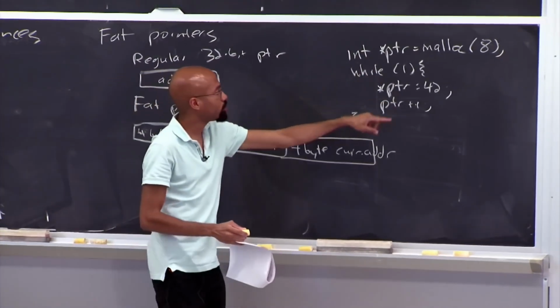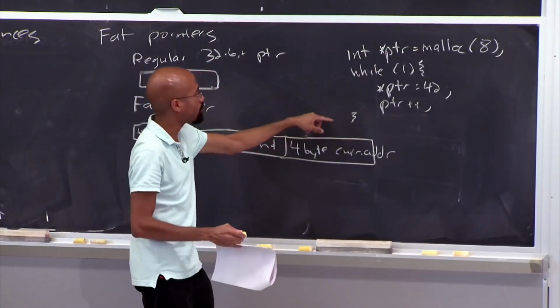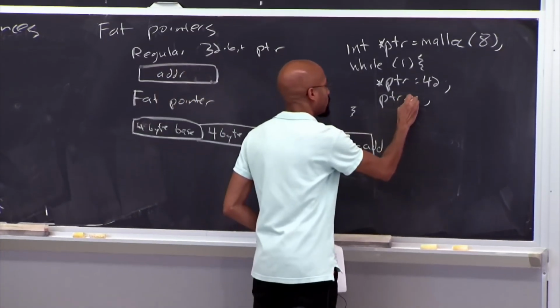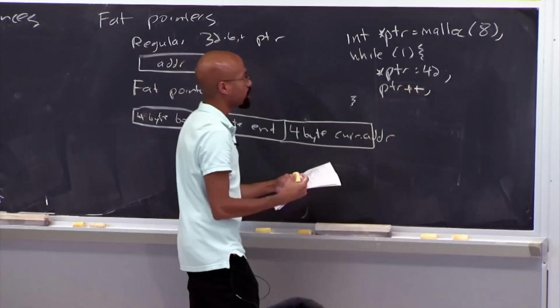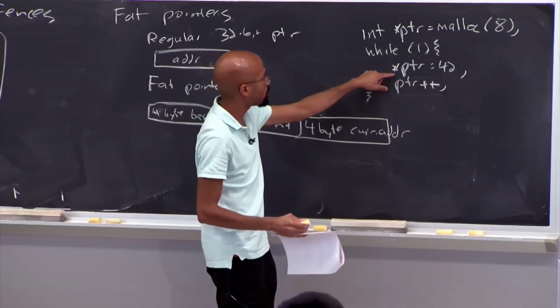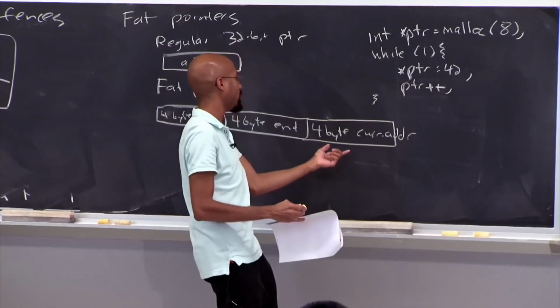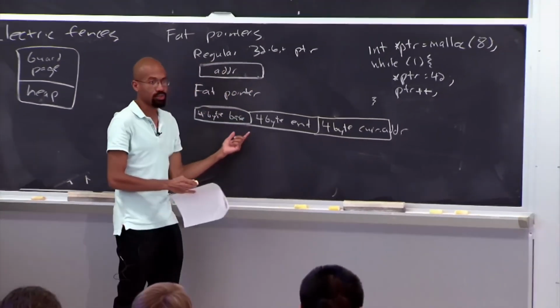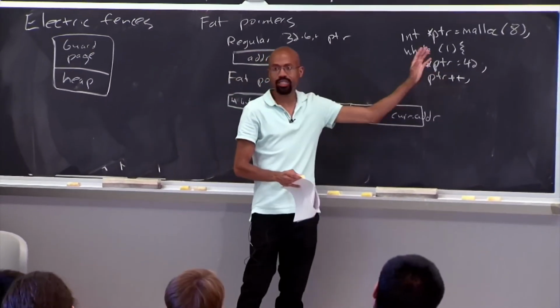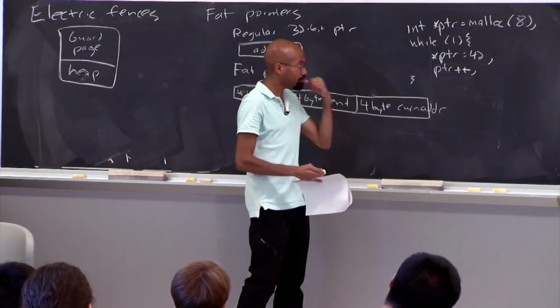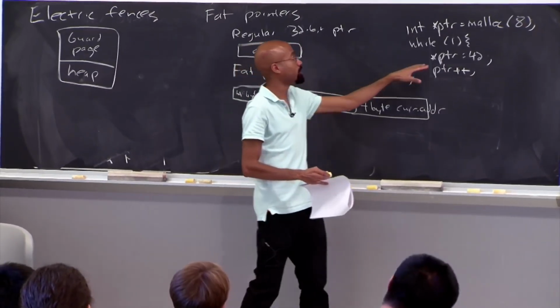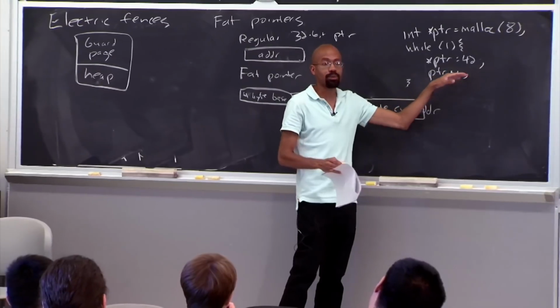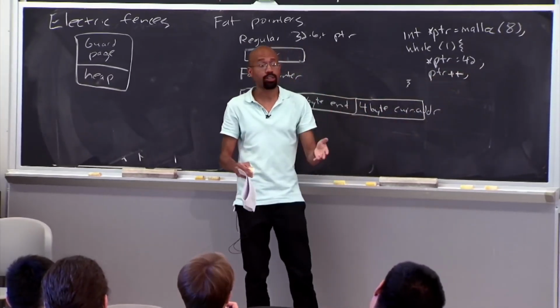And every time we iterate through here, we are either checking a bound or incrementing. So at this point, when we want to dereference it, we can check whether the current address of that pointer is in this range. And if it's not, we can throw an exception, so on and so forth. And once again, this is taking place in new code that the compiler generated.